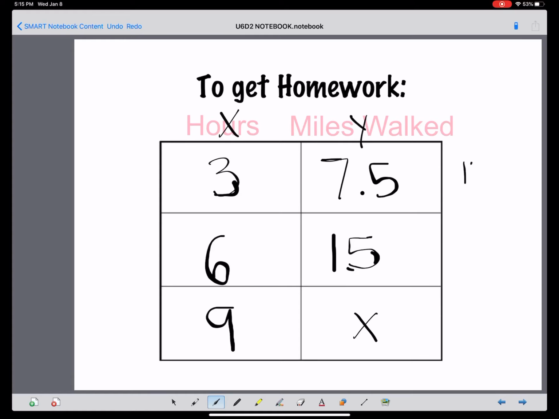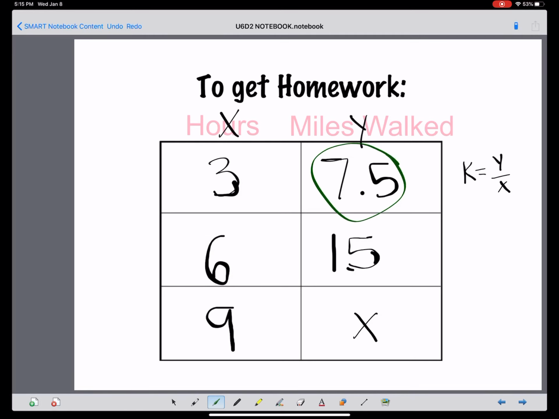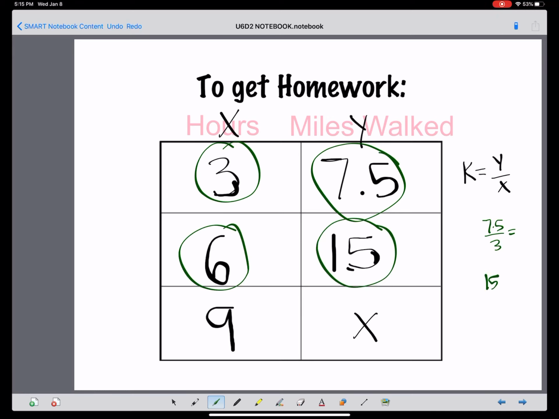To get your constant, you do your y value divided by your x value. So if we did that, we would do 7.5 divided by 3. And we would end up getting, let me do this really quick, I believe it's 2.5. Yeah, it is 2.5 is our constant. Same thing if you did 15 divided by 6, 2.5 would be your constant.